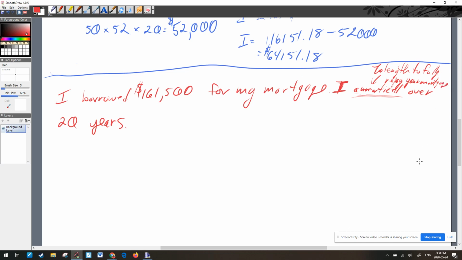So if everything went according to plan and I didn't change anything else, I didn't borrow any extra money, I didn't miss any payments, I just kept on paying and the interest rate stayed the same, amortization is how long it takes to pay your mortgage off. So I borrowed $161,500 for my mortgage. I amortized over 20 years.